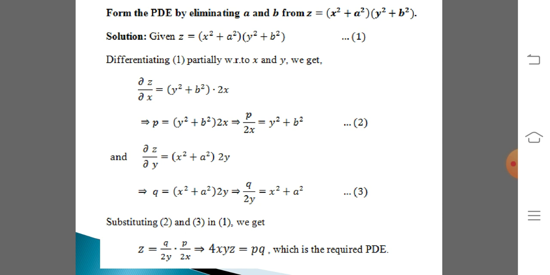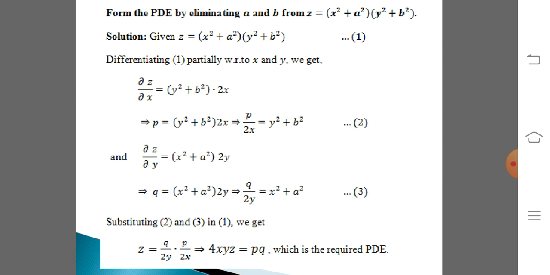So y square plus b square into, you have to differentiate x square plus a square. Derivative of x squared is 2x, derivative of a squared is 0. So we get dou z by dou x equal to (y square plus b square) into 2x. But the value of dou z by dou x is p, so we get p equal to (y square plus b square) into 2x. This implies y square plus b square equal to p by 2x.